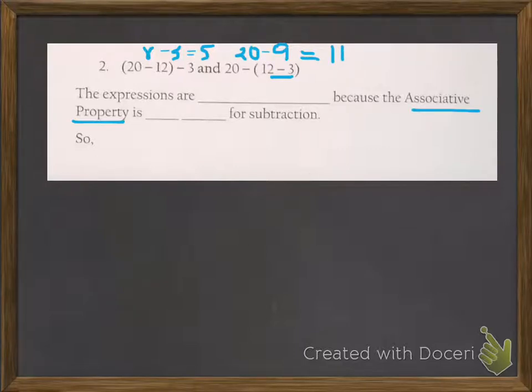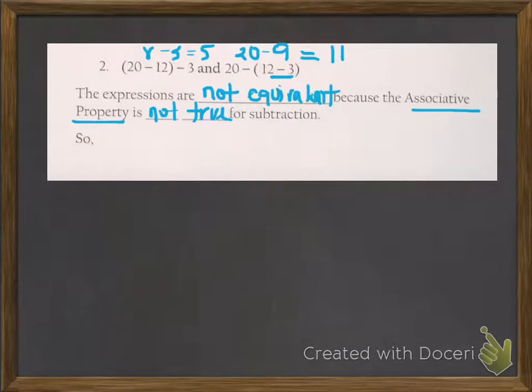So the expressions are not equivalent because the associative property is not true for subtraction. So in our rules, we learned for addition and multiplication.